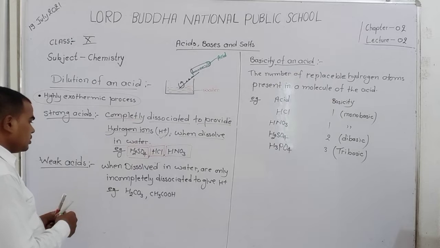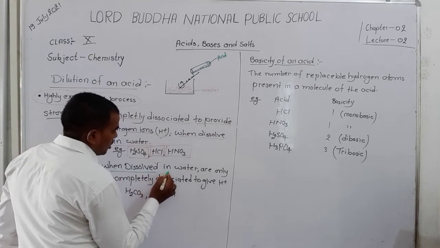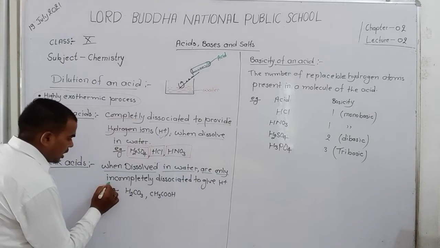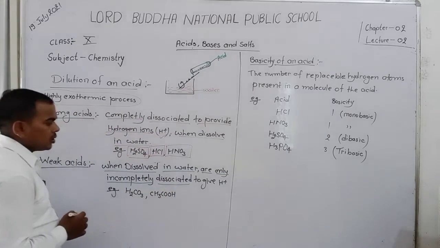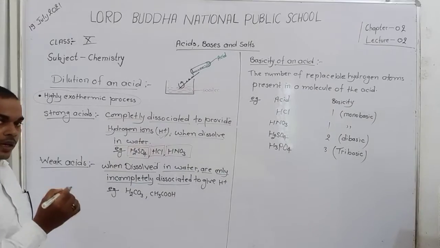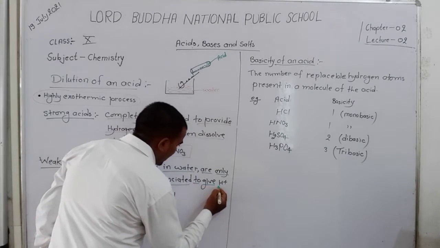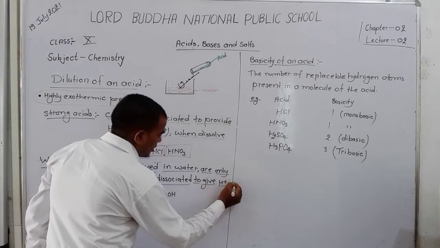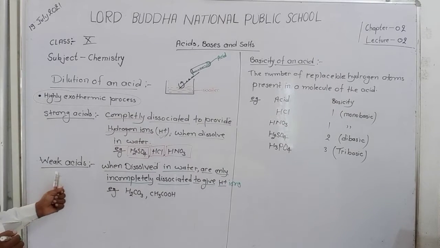An acid which when dissolved in water is only incompletely dissociated to give H plus ion is known as a weak acid.